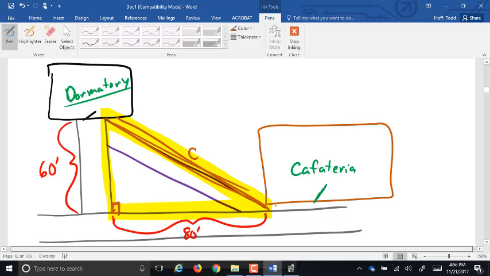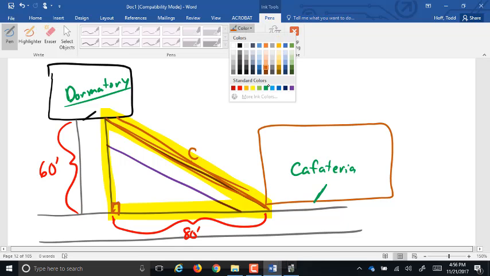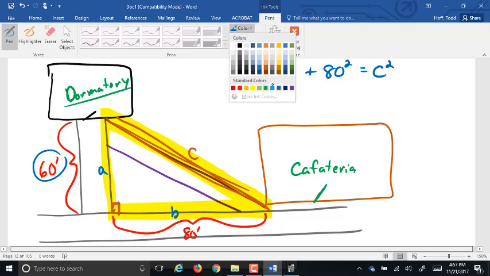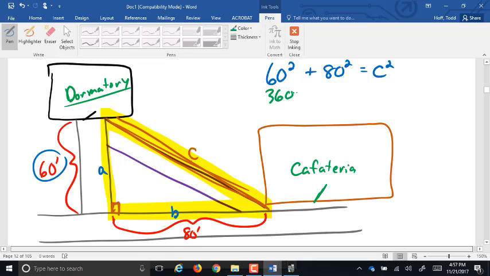So what we have, A is going to be the 60. I'll call that A, B, and C. So 60 squared. B is going to be the 80. So 80 squared equals C squared. 60 squared is 3,600. 80 squared is 6,400.